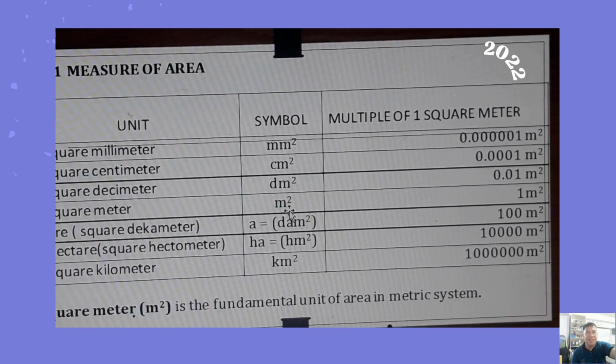For the measure of an area, it follows also that the fundamental unit of area in metric system is a square meter. A square meter.